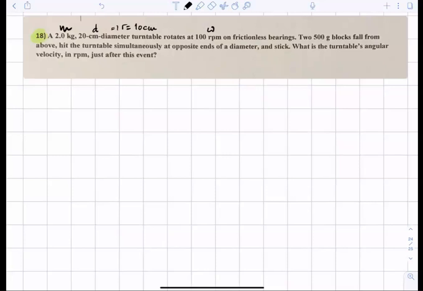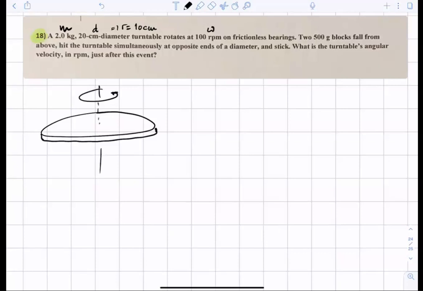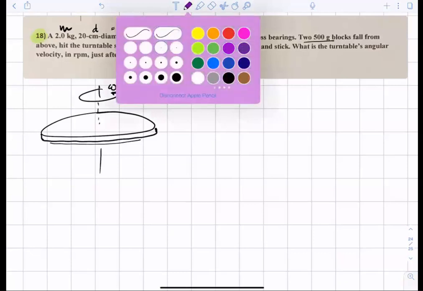So I'm going to try to put a picture together here. Let's say this one turns about the center here, and there are some bearings here. They are frictionless. And then all of a sudden we have two masses, each one of 500 grams blocks. They fall from above and they hit the turntable.